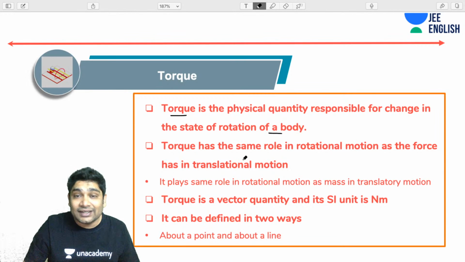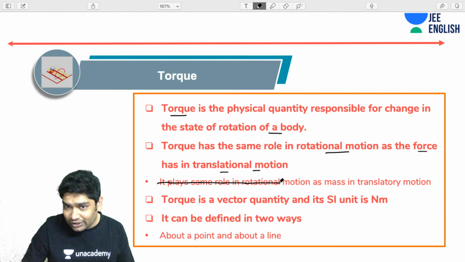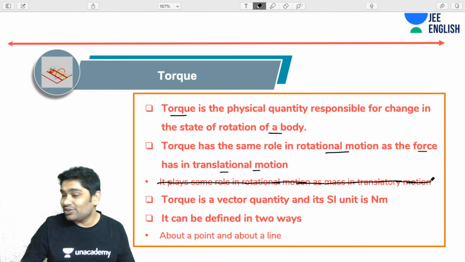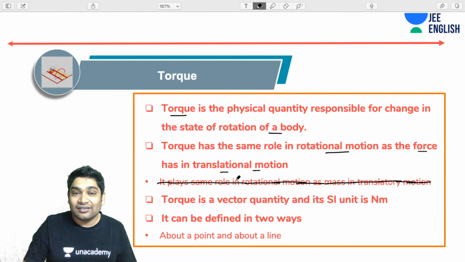It plays the same role in rotational motion as force has in translational motion. It is very similar to your force. Okay, we have already talked about this.